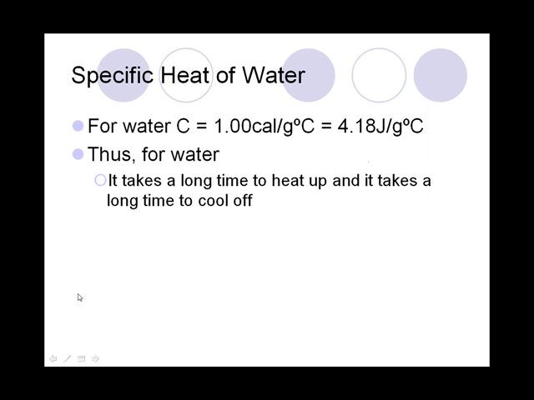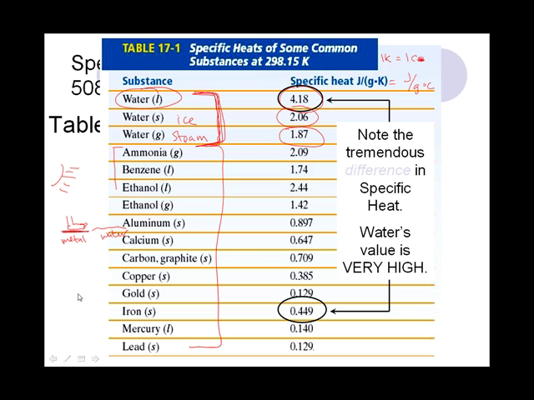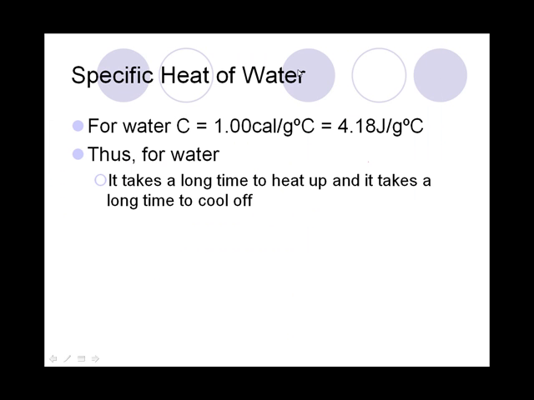So I told you in this chart that liquid water has a specific heat capacity of 4.18 joules per gram Celsius. This 4.18 joules is a familiar number to us in that 4.18 joules actually equals 1 little c calorie.